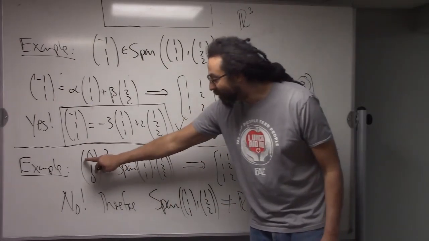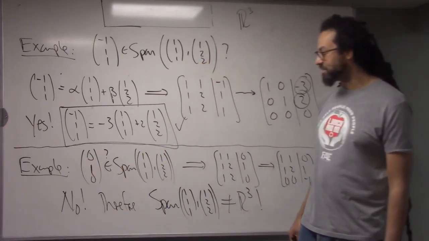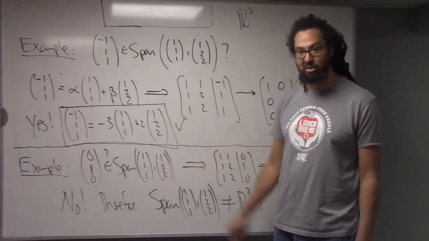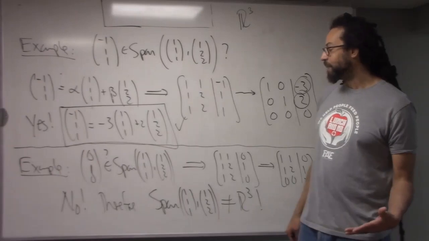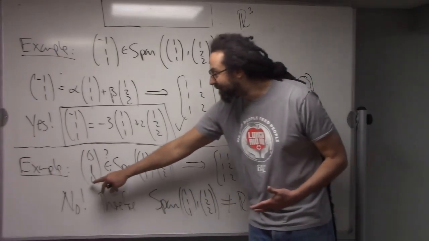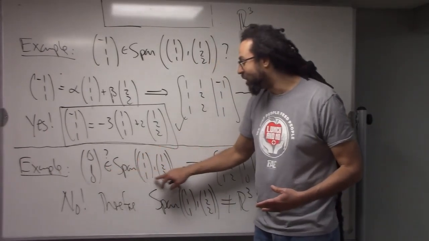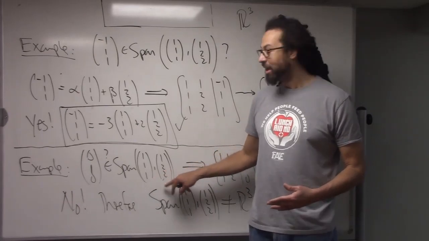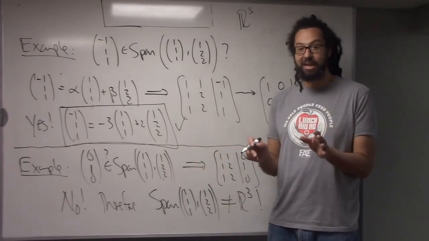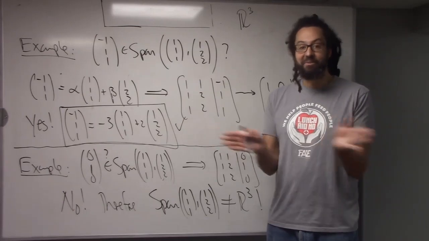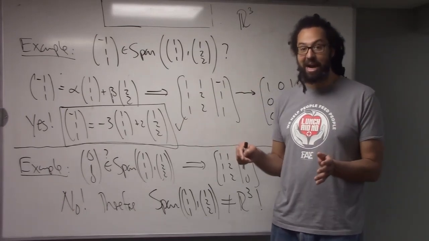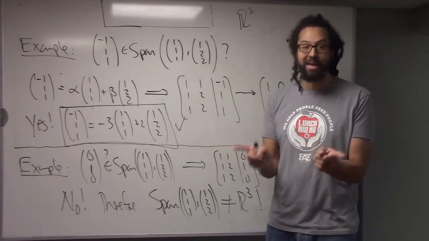What about this thing? What about (0, 1, 0)? Does it belong to the span of these two vectors? In other words, can you reach this vector using only these two directions? And if you think about R3, there's a left, right, and there's also an up and down, or there's a left, right, and up.